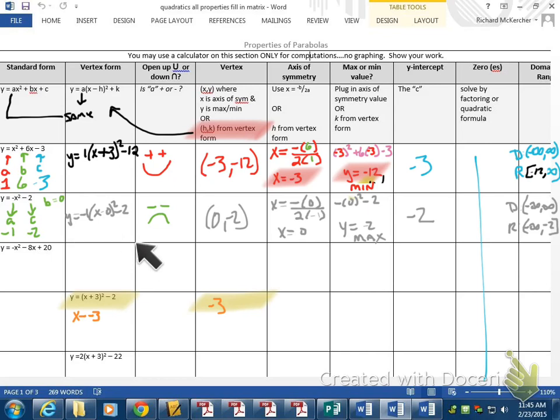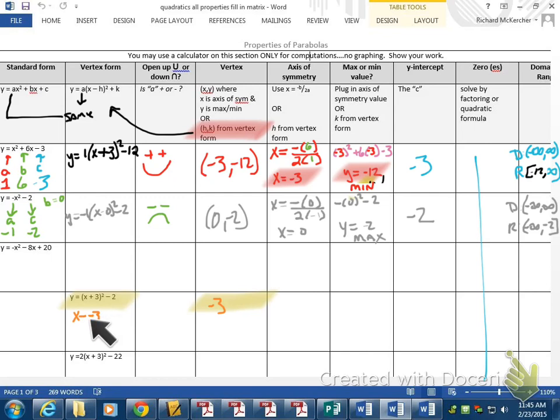Alright, I encourage you to stop anytime you need to look through those. Notice I wrote the vertex form based off of what I found to be the vertex. Okay, that's very important.